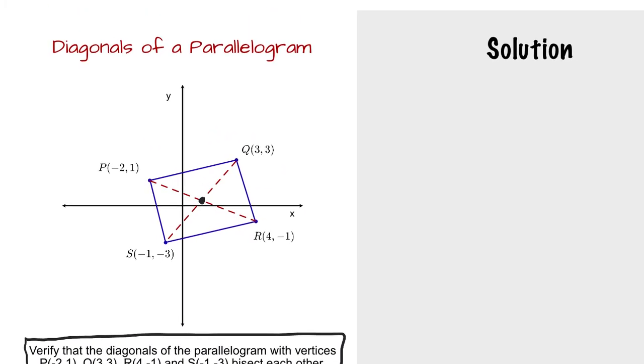So the way I would set this up is I would say that the midpoint of, I'll go alphabetical, P and then R, is going to have to be the same as the midpoint, I'm using short form here, of Q and then S. I think I got my alphabet correct.